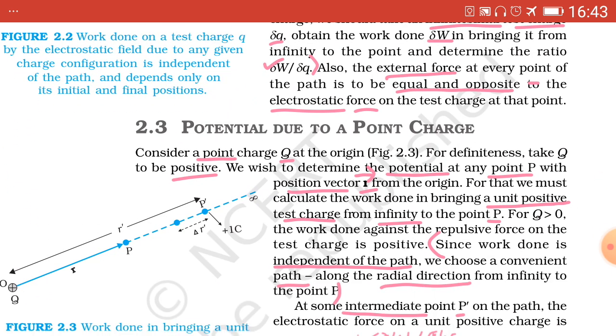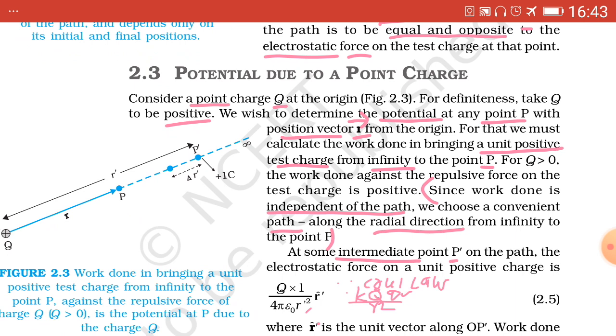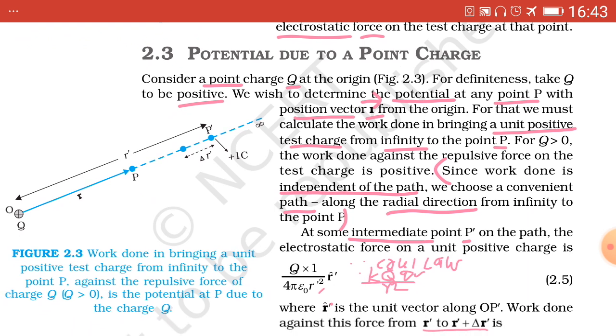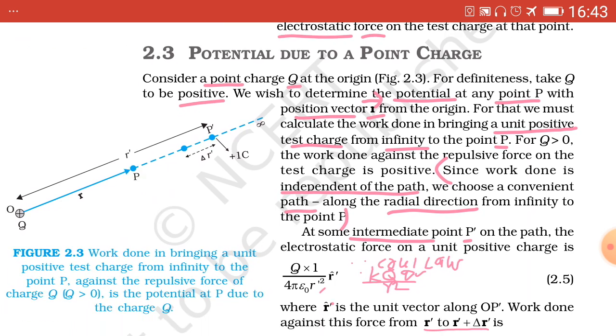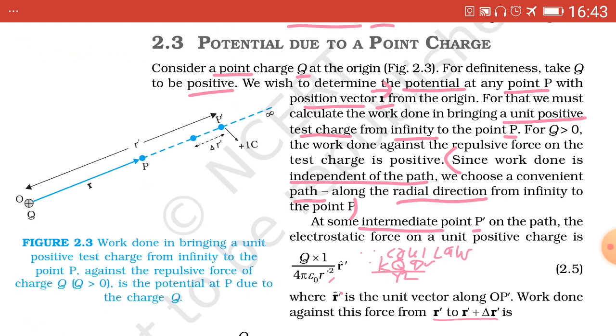Now the next topic is potential due to a point charge. We are to calculate the potential, that is electric potential, electrostatic potential due to a point charge capital Q, considering the figure 2.3 given beside.